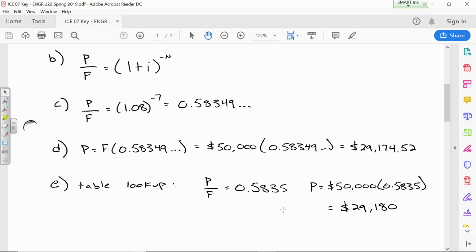So the implication is we can only report our final answer to 4 digits of precision. So I have to say 29,180 rather than trying to claim some number of pennies, because from this factor that is only 4 digits long, I only have 4 digits of precision in my final answer. And so 29,180 is the correct answer when we round off with the given factor value.